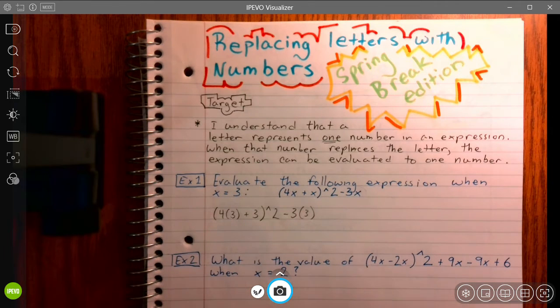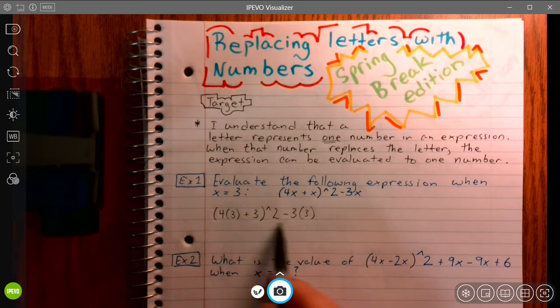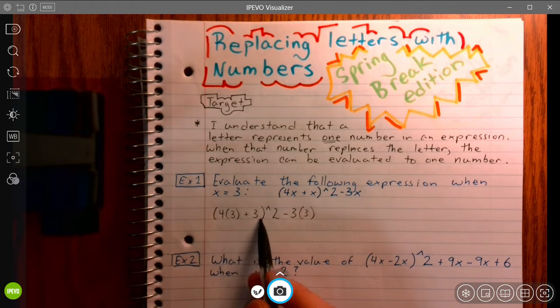Now, if you guys hopefully remember our PEMDAS, parentheses, exponents, multiplication, division, addition, and subtraction, that's my order of operations, and I have to evaluate this expression using it. So the first thing I'm going to ask myself is, are there parentheses? Yes, there are.